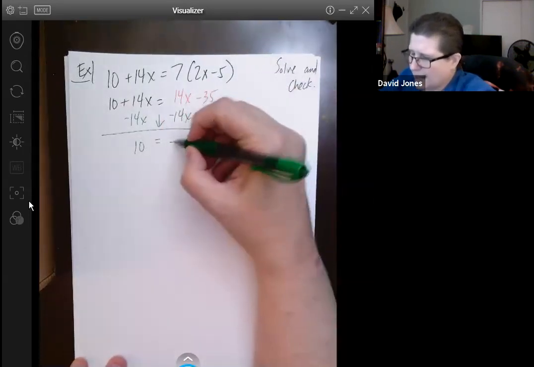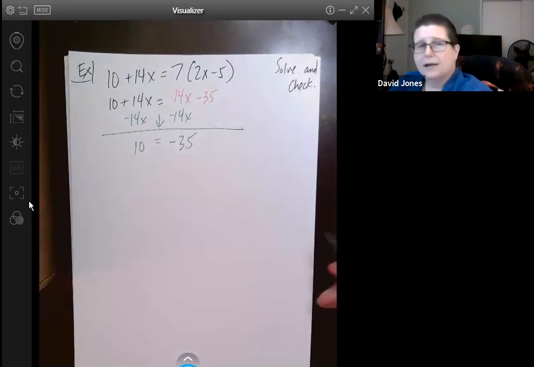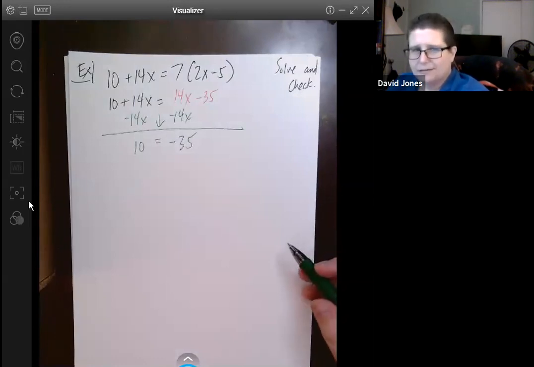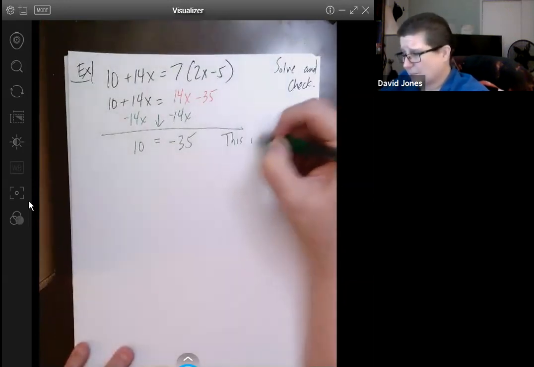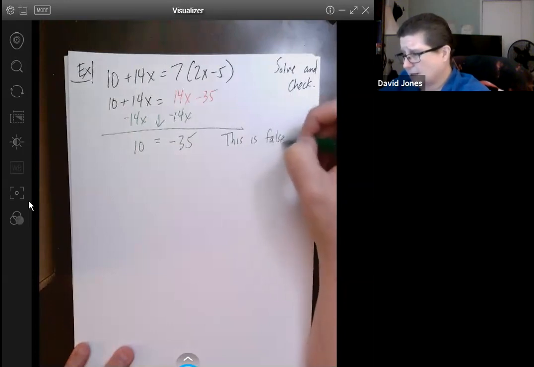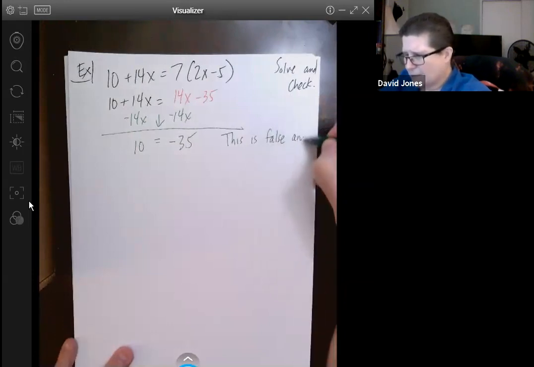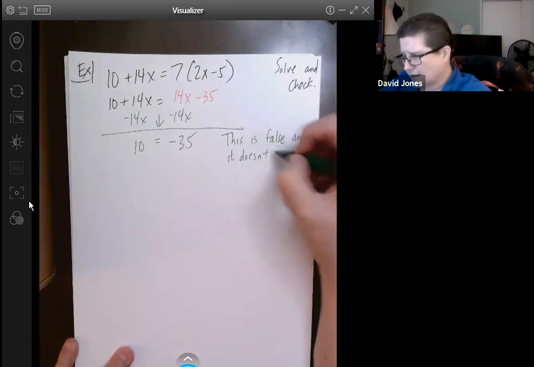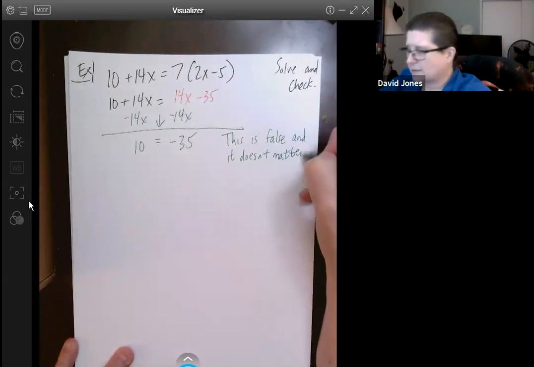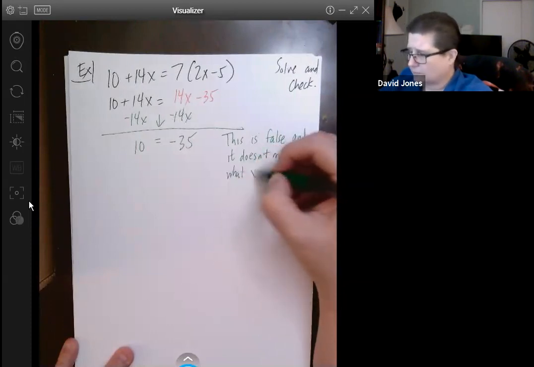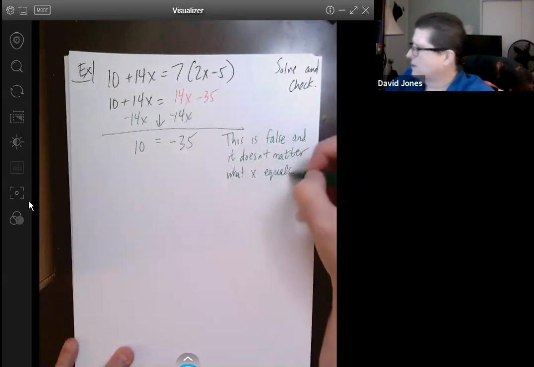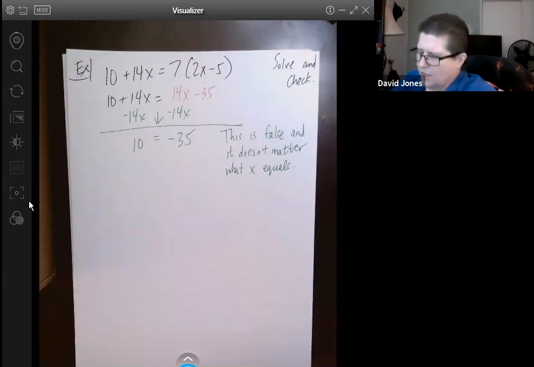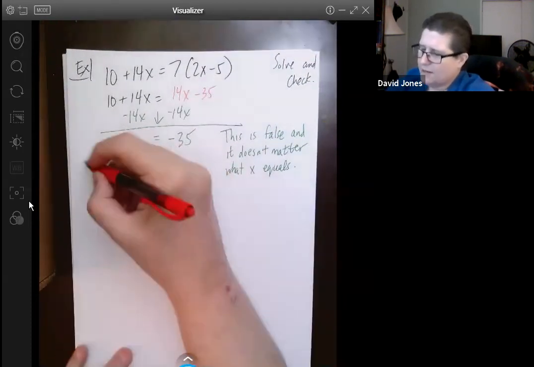On the right, I have negative 35. 10 equals negative 35. That's false. And it doesn't really matter what x is, because it canceled out on both sides. There is no solution to this equation.